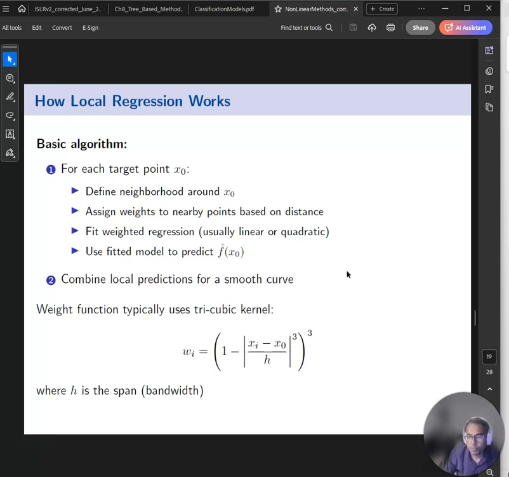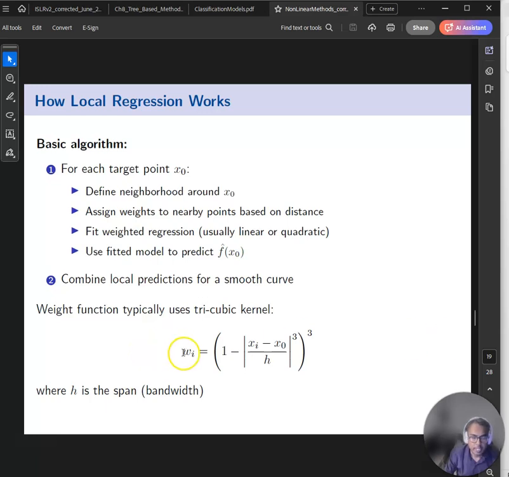Next, we fit a weighted regression within this neighborhood, typically using a simple model like linear or quadratic regression. Finally, we use this local model to make a prediction at the target point x0. By repeating this process for many target points, we create a smooth curve that adapts to local patterns.